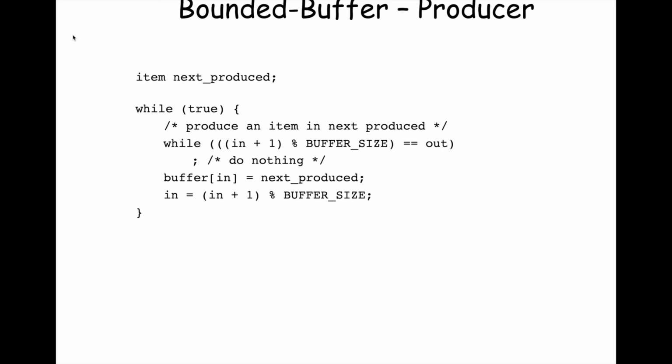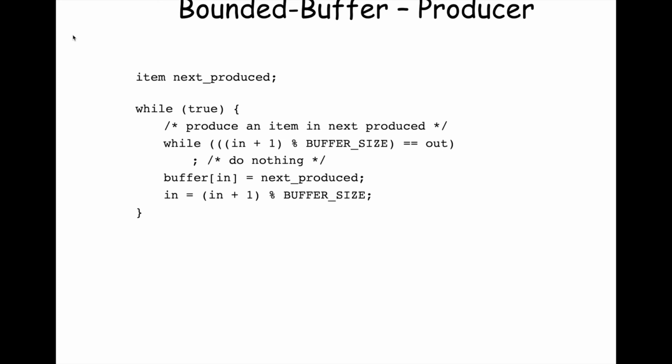And it does that in this case with that spin loop that checks to see if the input position in the array is the same as the output position from which the consumer is grabbing things. Okay, so then when we come down to the bottom on the next iteration, it increments input by 1, and then does modulo the buffer size. And that's where the circularity is implemented.